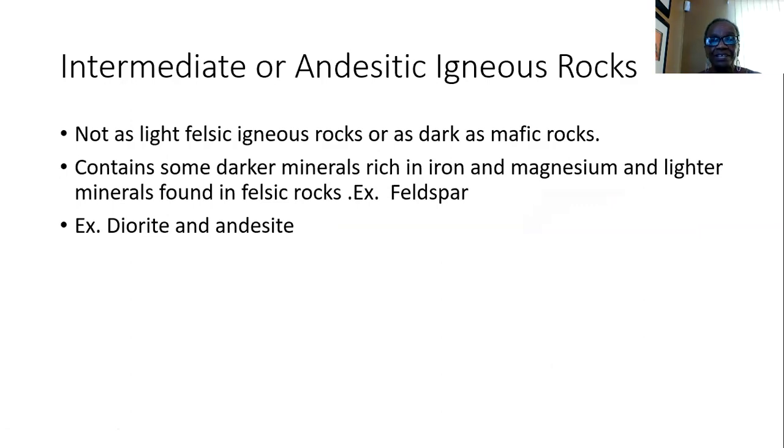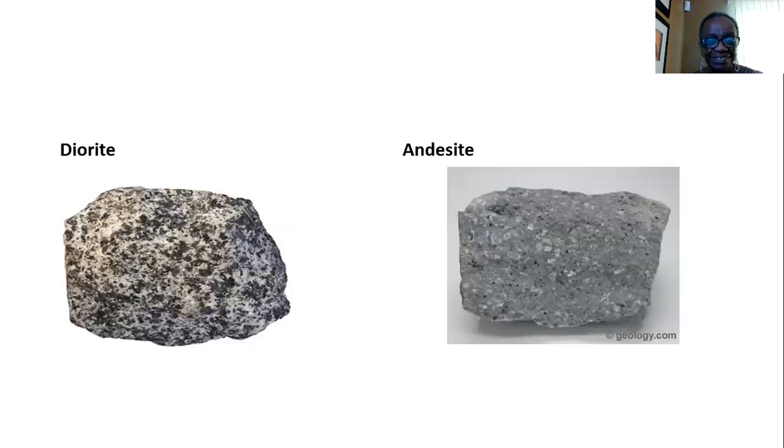The reason for that is they contain some darker minerals rich in iron and magnesium, and they also contain lighter minerals that can be found in the felsic rocks. Feldspar would be one example. Two of the rocks would be diorite and andesite. Those are the ones that are intermediate.